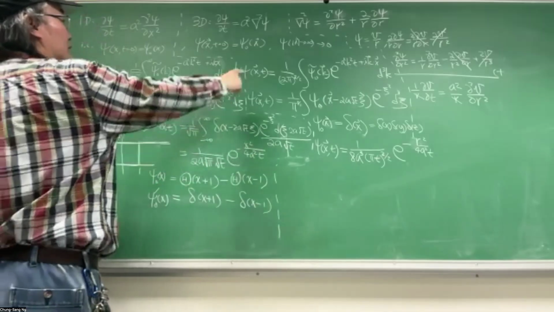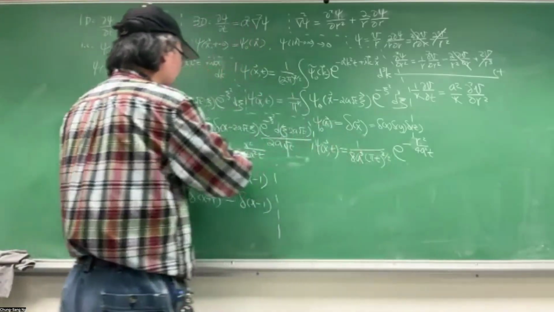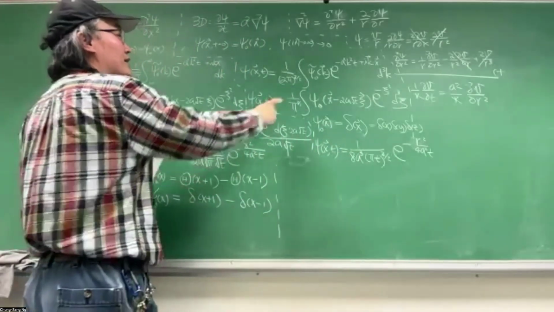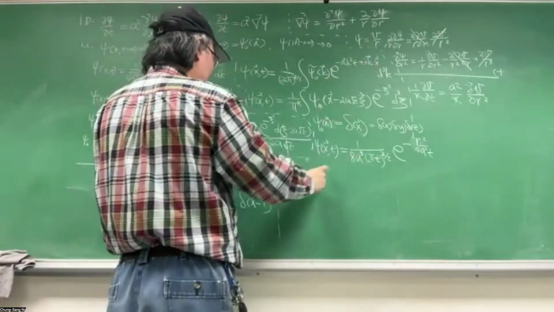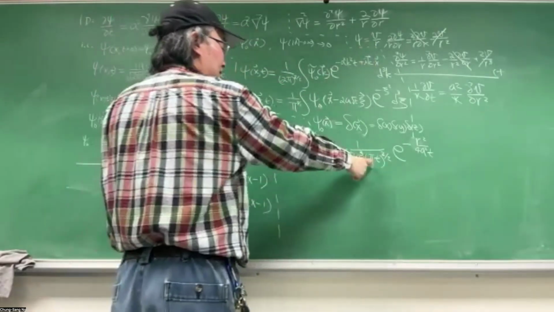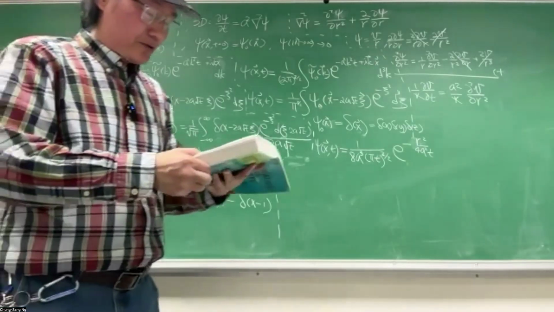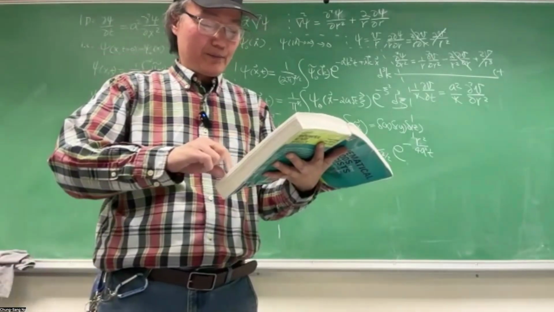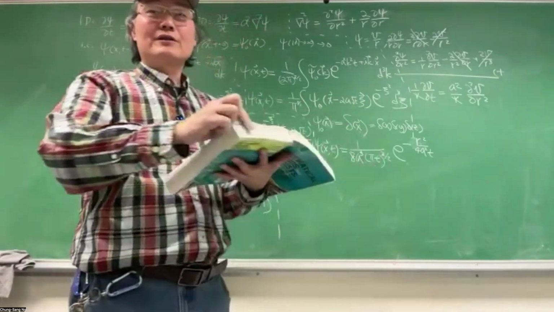But then finally you need to divide. That x becomes r in 3D, so you divide by r later, which cancels with this r. Finally, you get exactly the same form as this one. So the solution in your textbook using this method is exactly like what we did here.